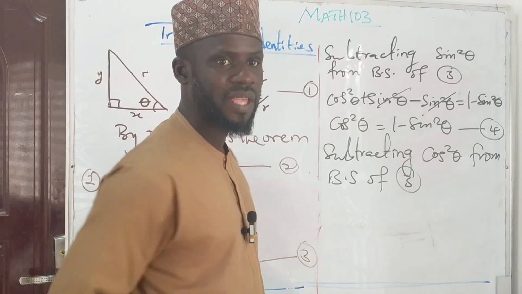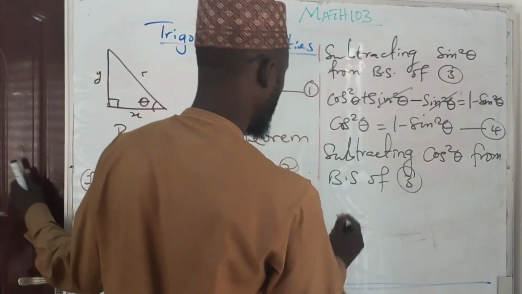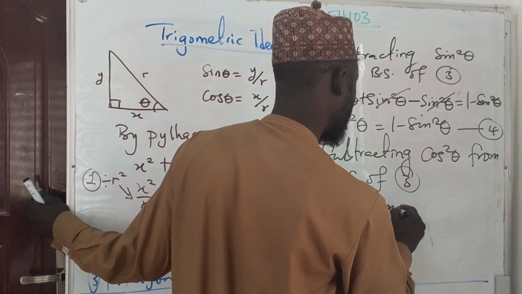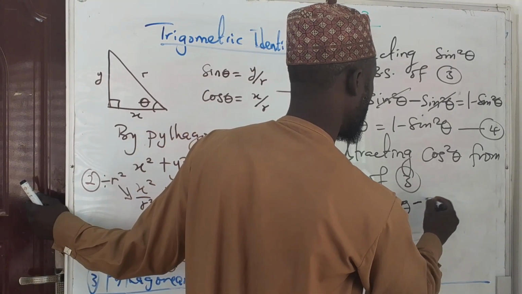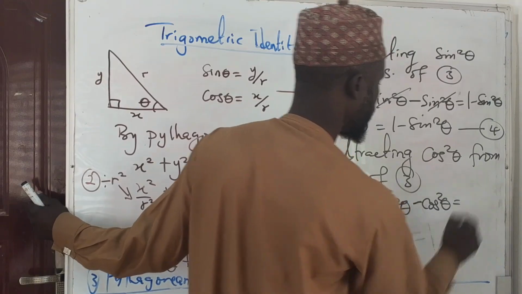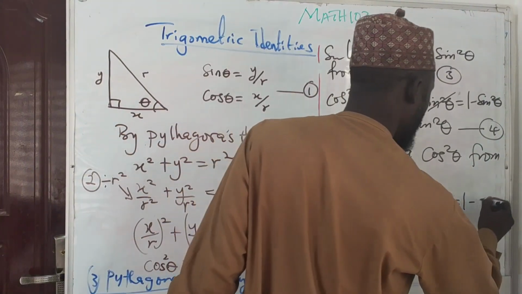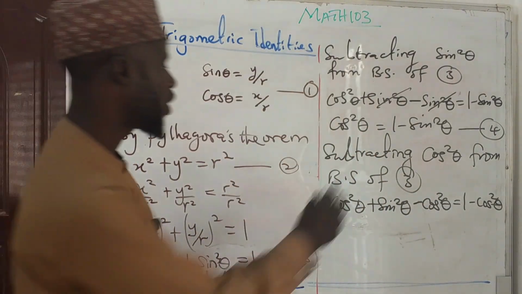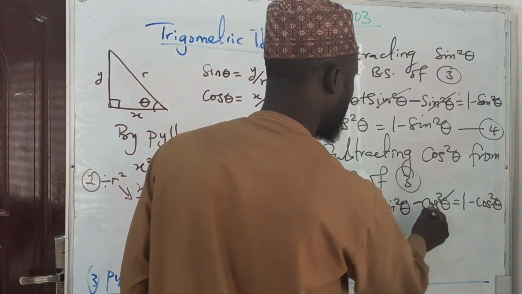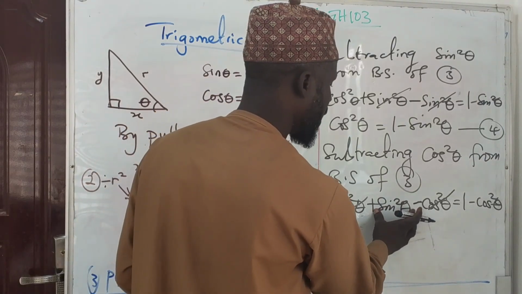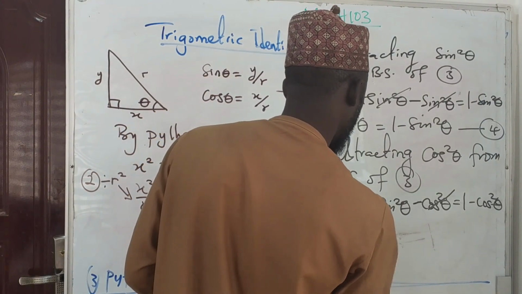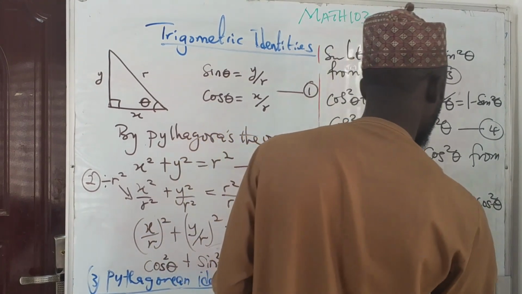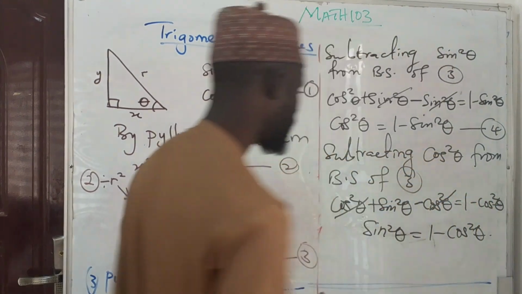So we have cos squared theta plus sine squared theta minus cos squared theta equals 1 minus cos squared theta. On the left-hand side, cos squared theta minus cos squared theta cancels, and you are left with just sine squared theta, so sine squared theta is equal to 1 minus cos squared theta.